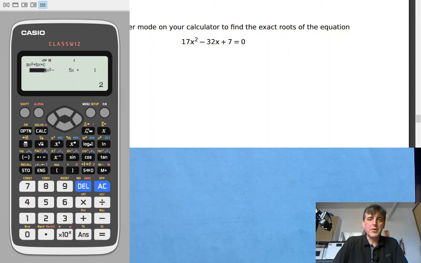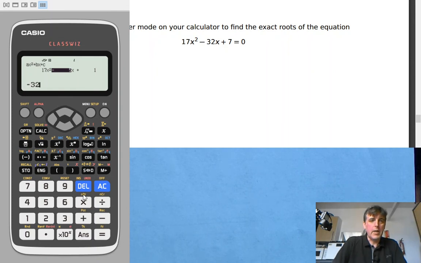Okay, then let's see if I can just do it on the calculator as well and see if we agree. So we want in this position here, the A is 17. So let's get that in here, 17. The B was, I believe, 32. Hold on a second. So negative 32, in fact, here. So let's just try that again, negative 32.